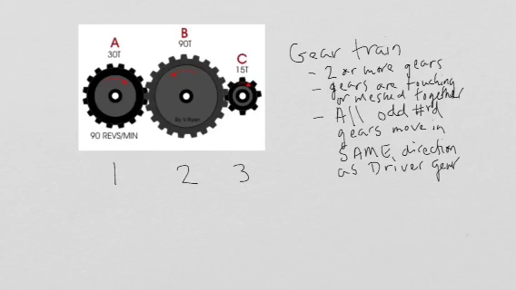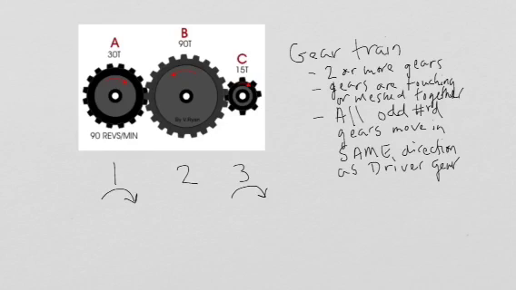So when we've got two or more gears touching one another, okay, interlocking as they turn, any of the odd numbered gears will always move in the same direction as the driver. So in this case, if the driver is moving clockwise, then so will gear number 3 because it's odd.